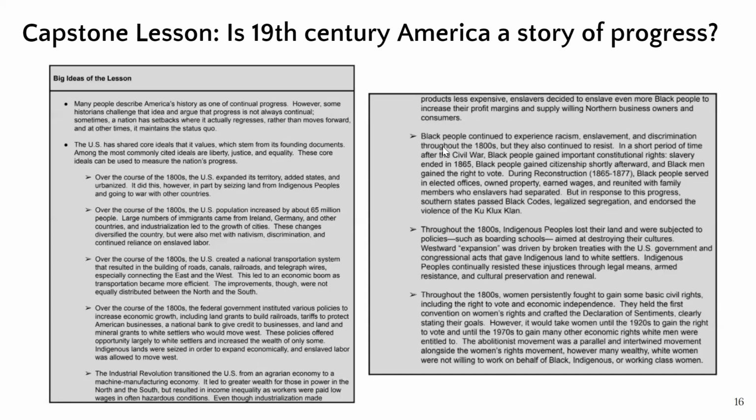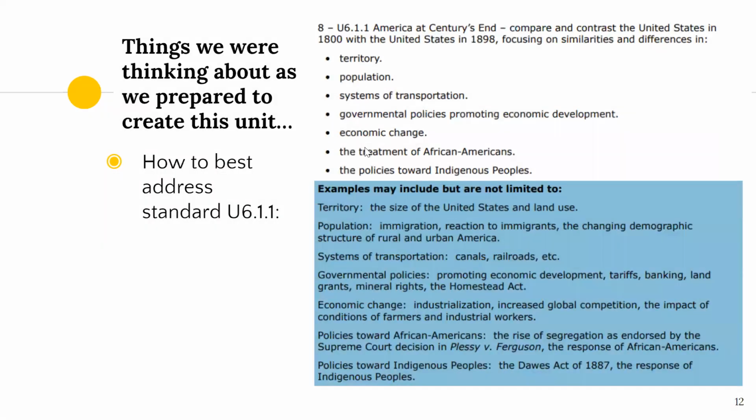They're looking at how African Americans are treated throughout the 1800s. They're looking at indigenous peoples, and then they're looking at women and how women were treated. These, of course, all parallel that standard, which I'll just flip back to for a second. You'll notice these parallel those same points.